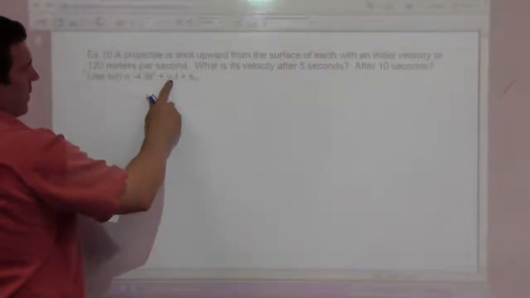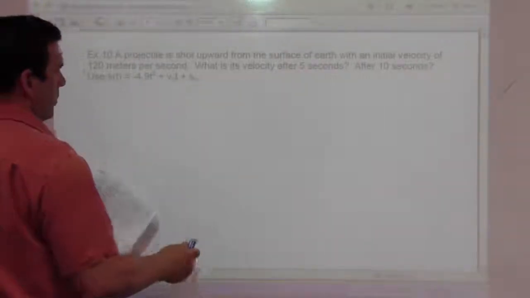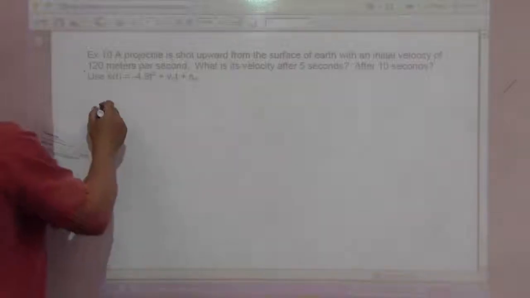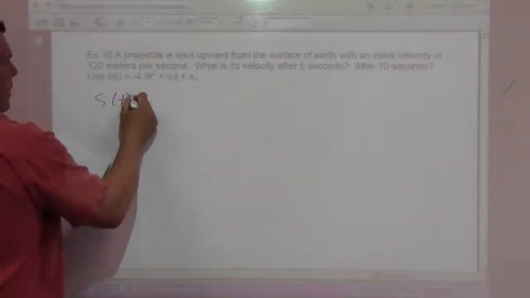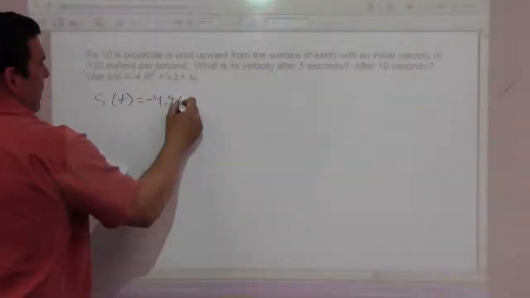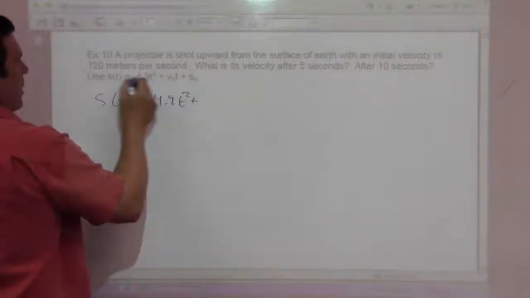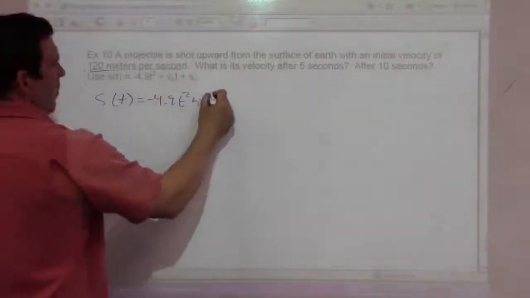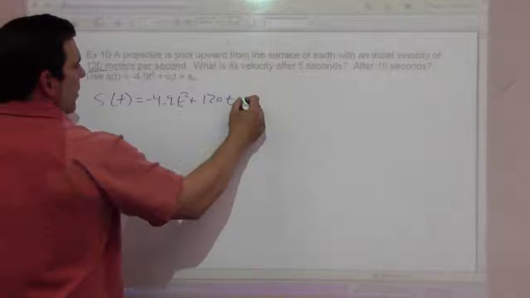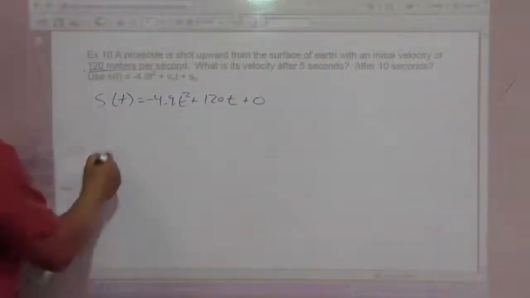Use s of t equals negative 4.9 t squared plus v naught t plus s naught. So s of t is negative 4.9 t squared plus our initial velocity, 120 meters per second, so 120 t, plus 0 because we're on the surface.